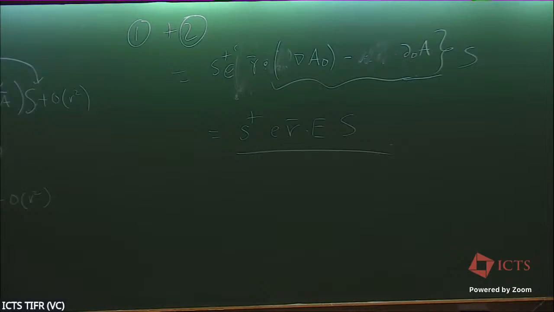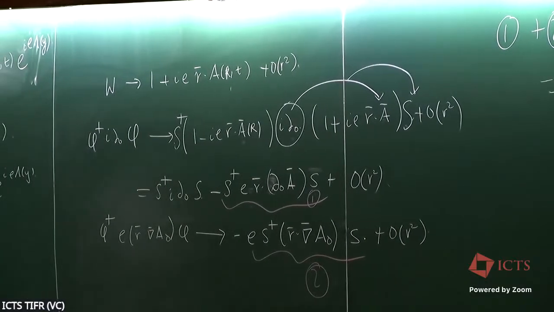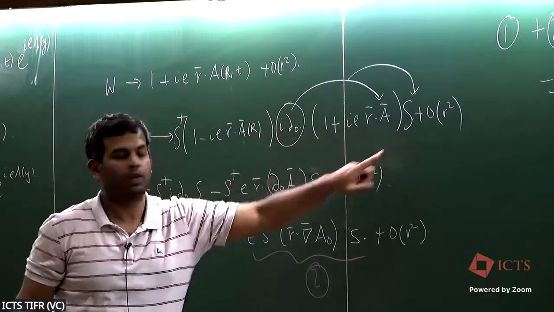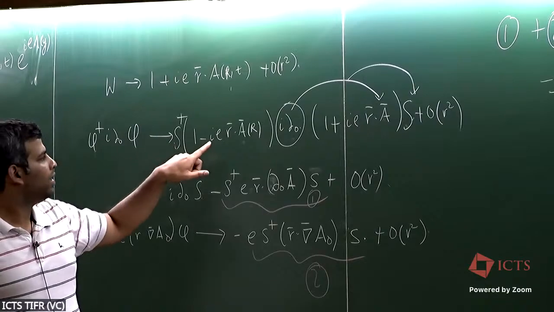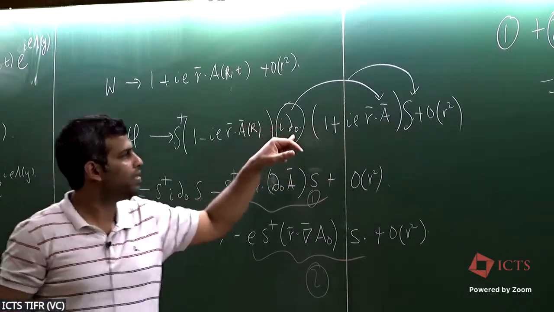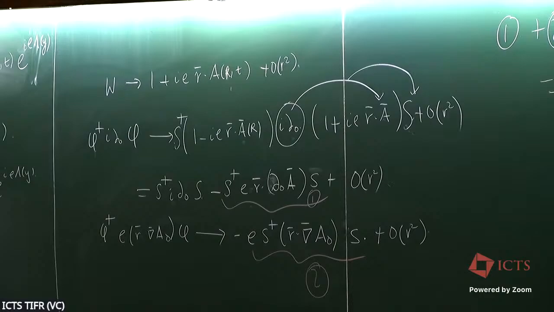So the action of D_0 on S will be cancelled, but that is cancelled, that is what I'm saying. So this D_0 acts on A, D_0 acts on S. What you are considering is S dagger, i E R dot A, del_0 S. But it will be the same term that will also come from D_0 acting on, and it will cancel. That's the point. And you are only left with this term. And now if you massage, you get the electric dipole.